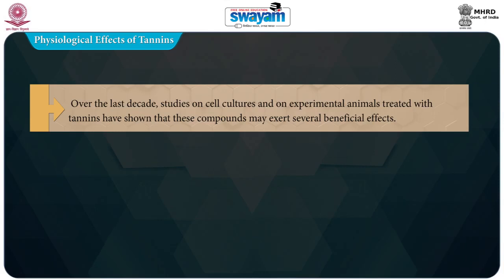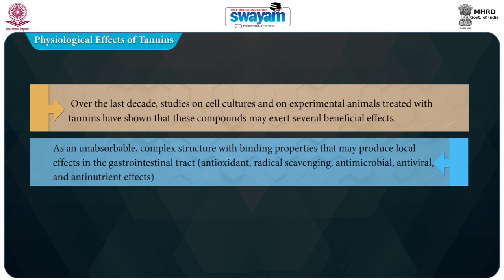It is believed that tannins may exert their biological effect in two different ways. One, as unabsorbable complex structure with the binding properties that may produce a local effect in gastrointestinal tract, and that is mostly antioxidant radical scavenging, antimicrobial, antiviral, and anti-nutrient effect.